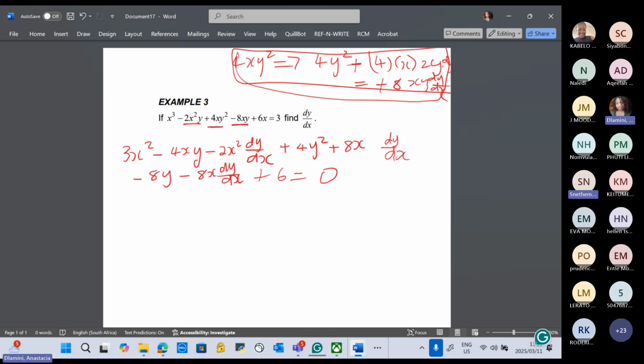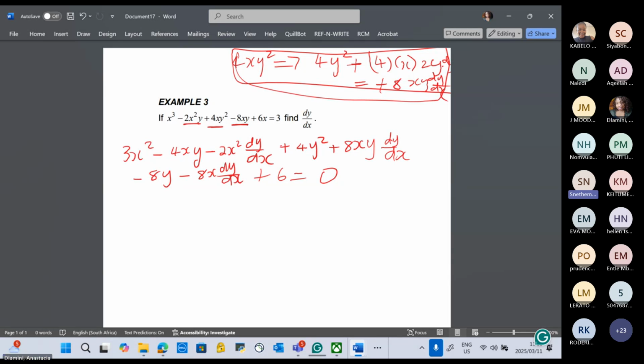Oh, it's here. That's 6. Then it's fine. Let's continue. You're missing the 8xy dy dx, not just 8x dy dx at the top there. Yes, that's what I'm saying. Am I missing 4y squared? I did write it, but then it disappeared again. Okay, we sorted?